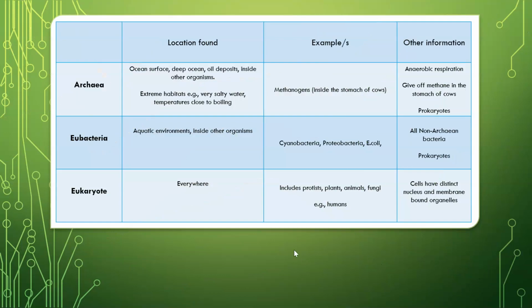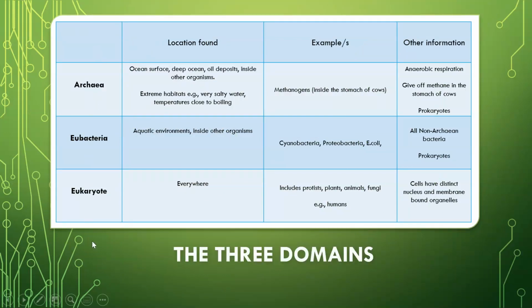So looking at the domains, this table is showing us our three domains. We've got the locations where they're found, some examples and some other information that could be of interest about each one. Maybe pause this and take a note.